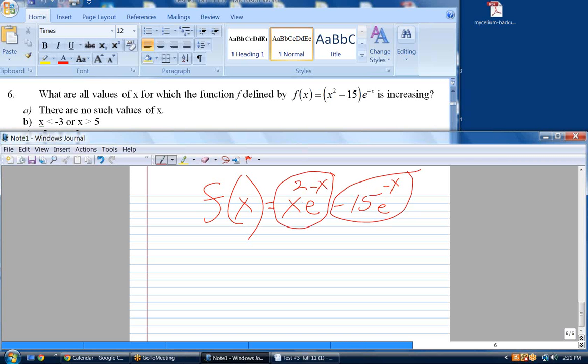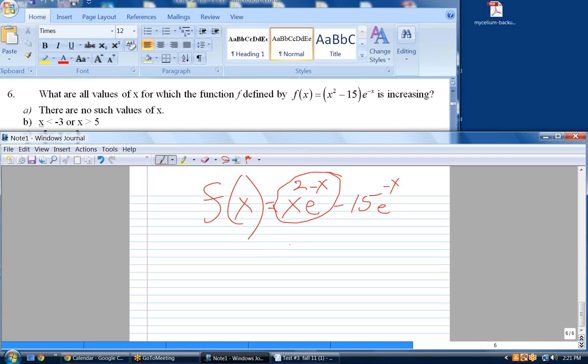This one requires the product rule, but this one doesn't. And the derivative of the difference of two things is the difference in the derivatives. So let's find the derivative of that first. So now use the product rule on this part of it.